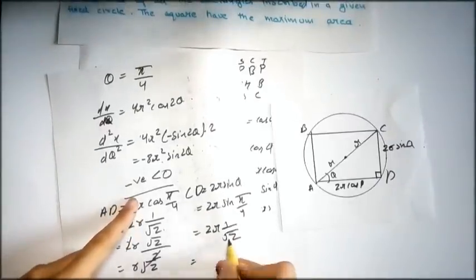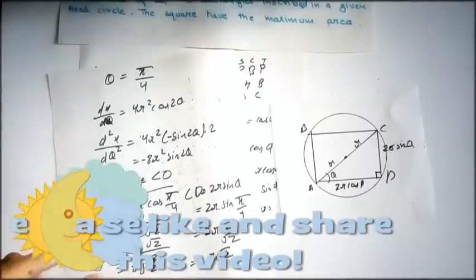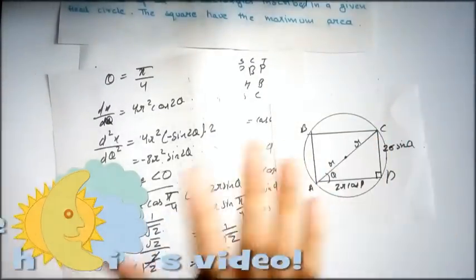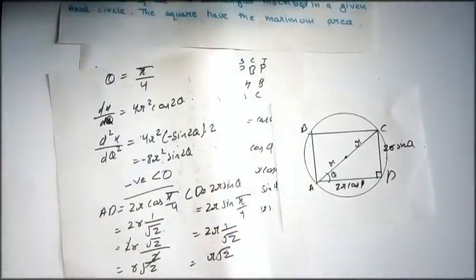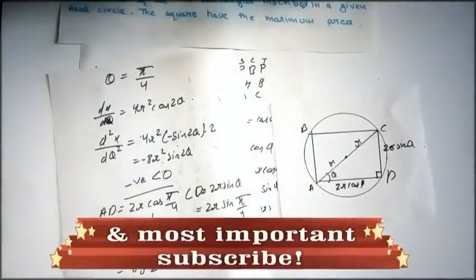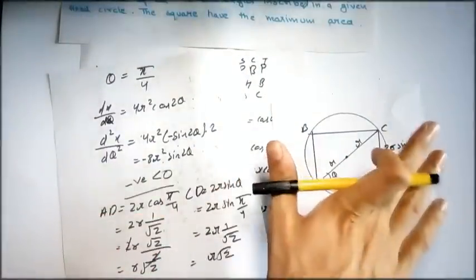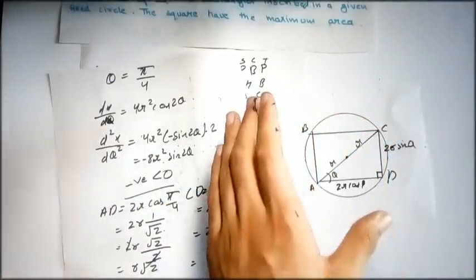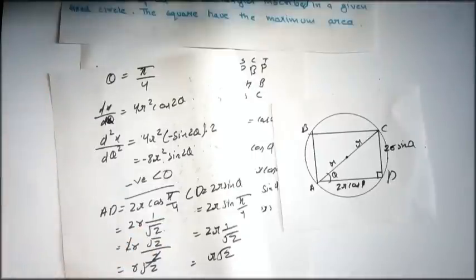After solving it, we will further get r under root 2, which is equal to the length. So in this, length and breadth are equal, which means that it is a square, and we have proved that the sides are equal. This means it is a square and it has maximum area. So in all the rectangles which are inscribed in a given fixed circle, the square has the maximum area. So we solved this question.